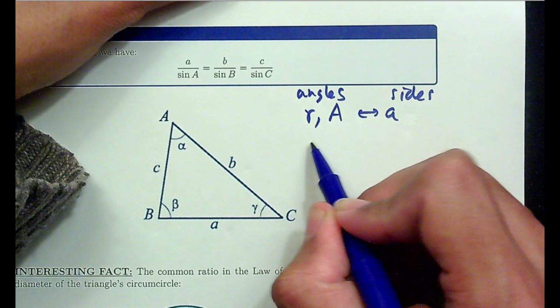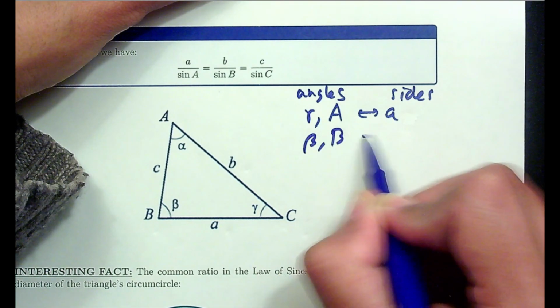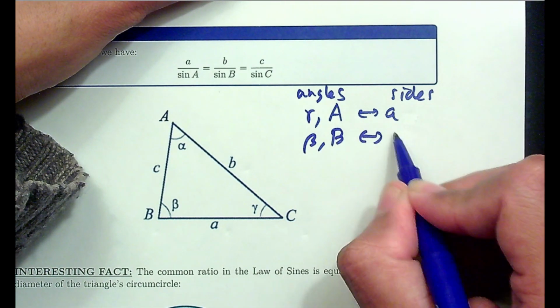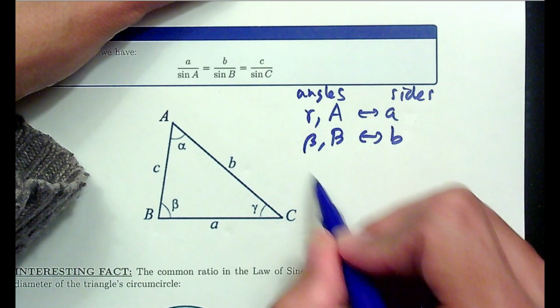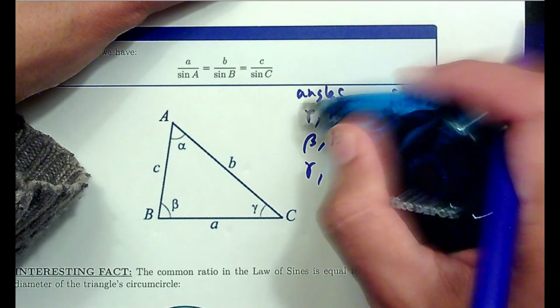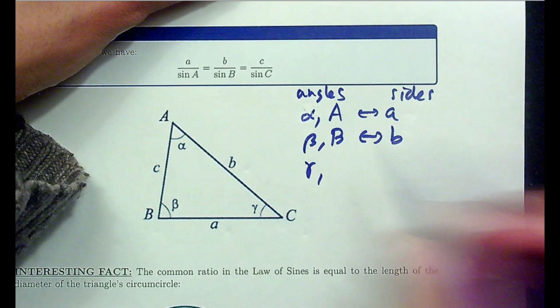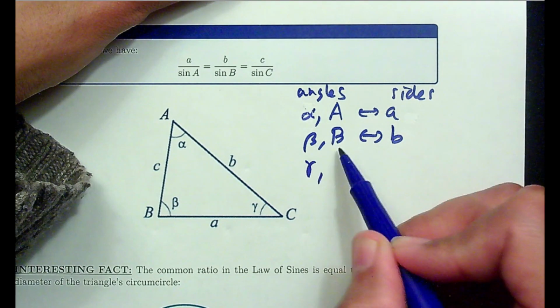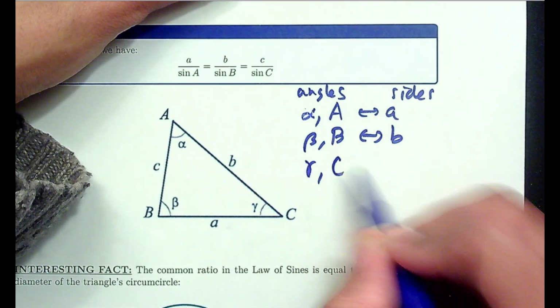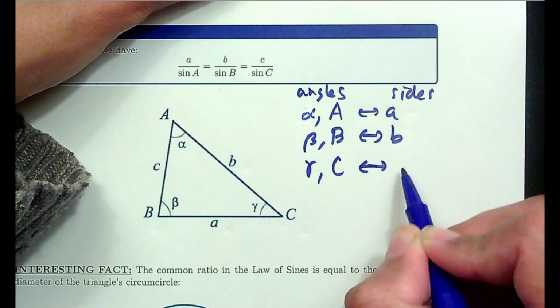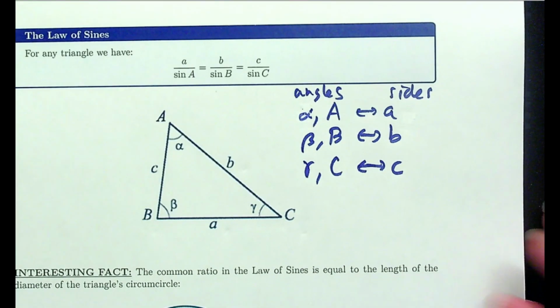And beta, or capital B, is paired up with little b, and then gamma, oops, sorry, this should have been alpha, my bad. Alpha, capital A, beta, capital B, and gamma, capital C, that would be lowercase c. Okay, so this is a pairing. That's a rule.